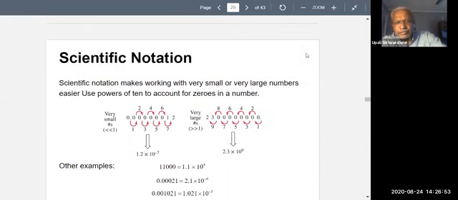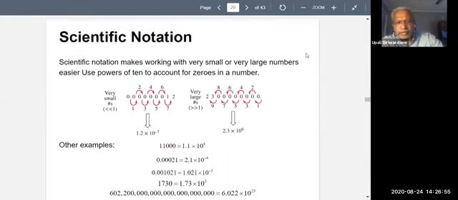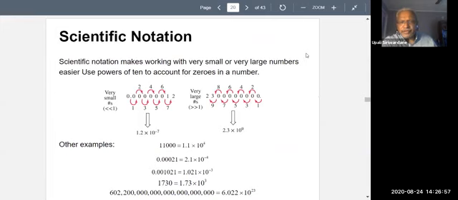Now we're going to talk about scientific notation that we use during measurement. For example, when you use the scientific method, during observation, you get certain measurements. Mostly scientific measurements have a number and a unit, like 100 kilograms.